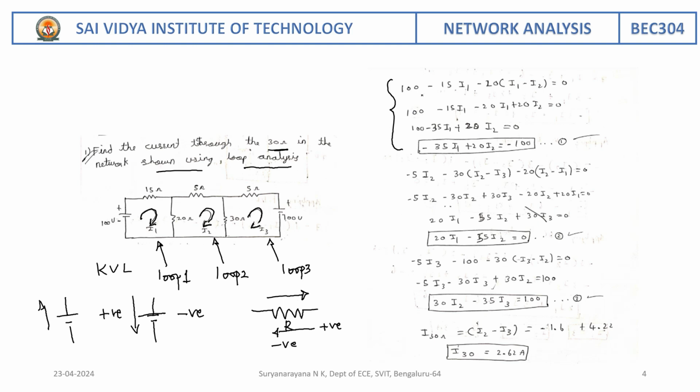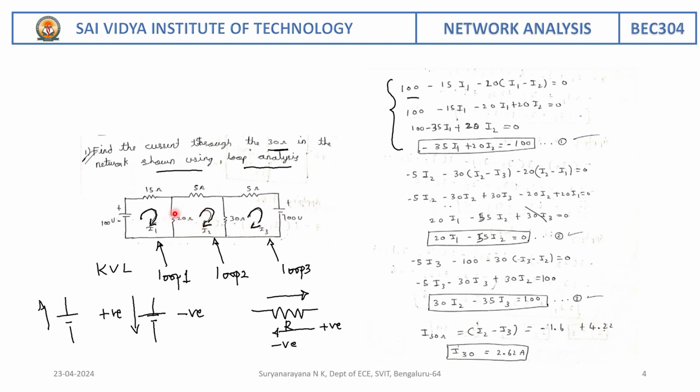So the first equation will be 100 minus, that is this one. Here you can check the equation that is written there. So 100 minus 15I1, I am moving in the direction, minus here 20, I am moving in the direction, minus 20 I1 and I2 is in opposite direction.